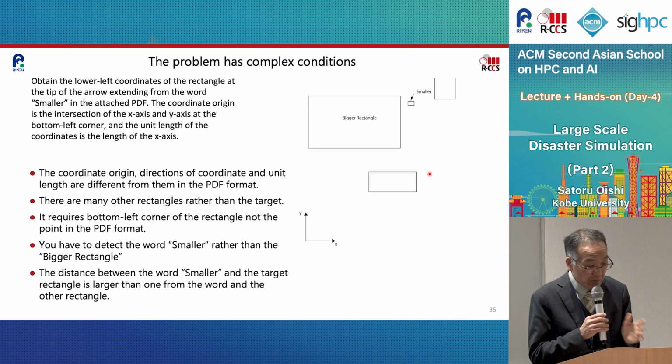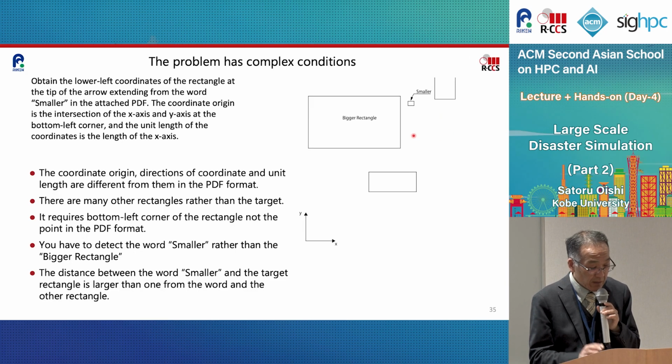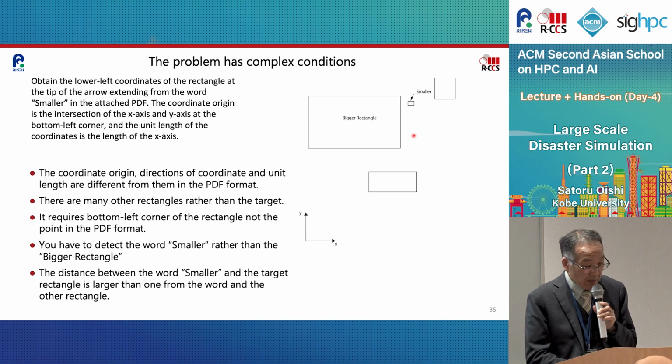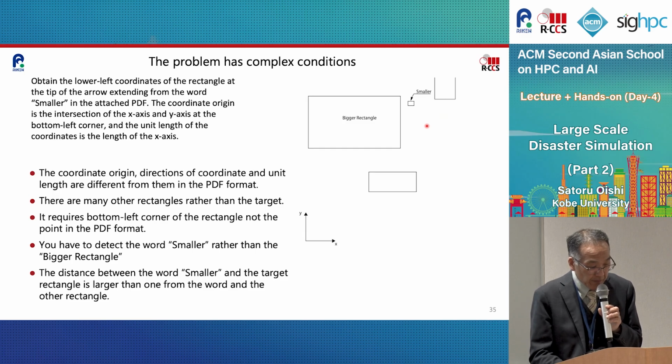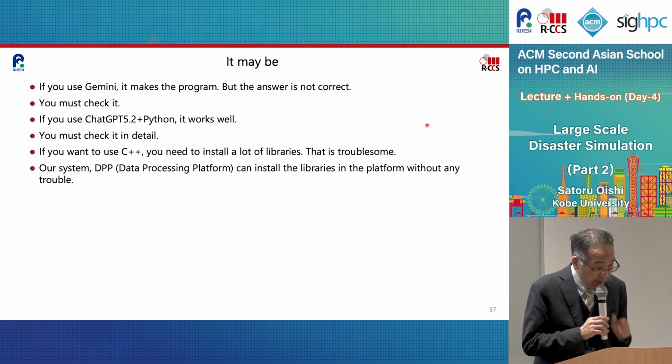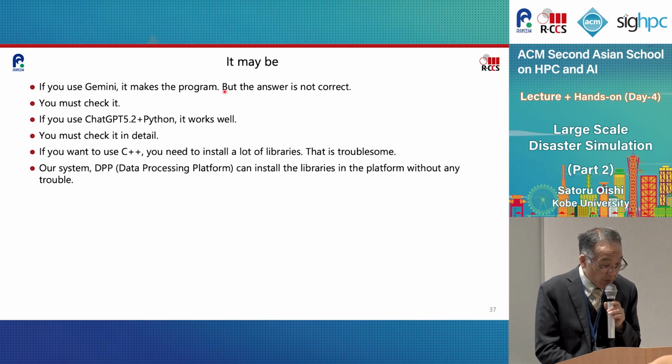And recently, as some of you got the correct answer, you can use generative AI for making this kind of program. So this is a summary of that problem as well.